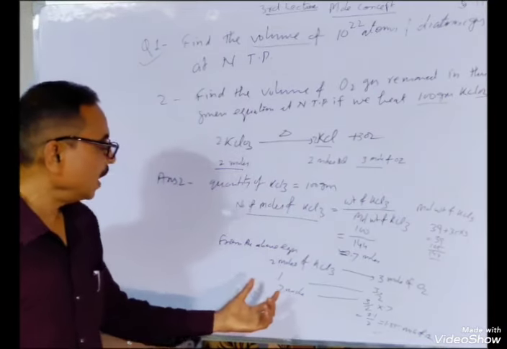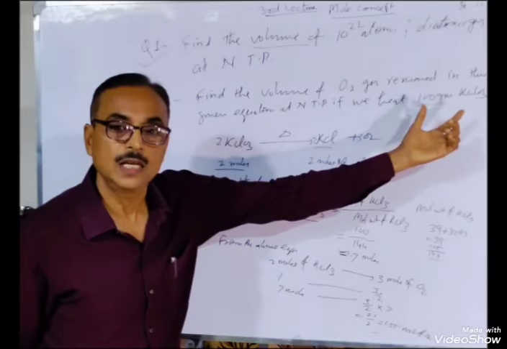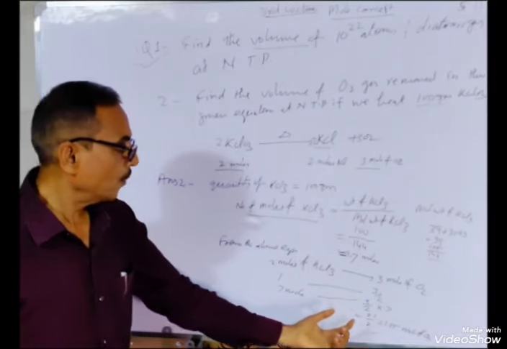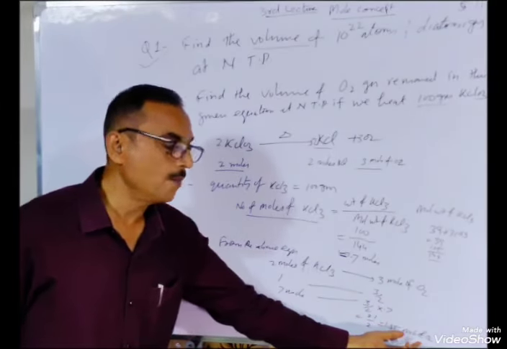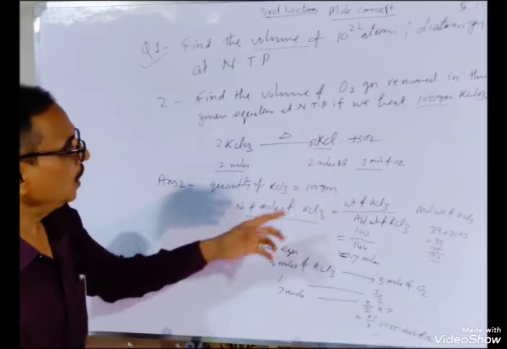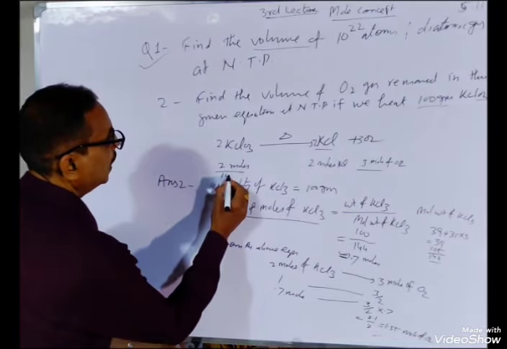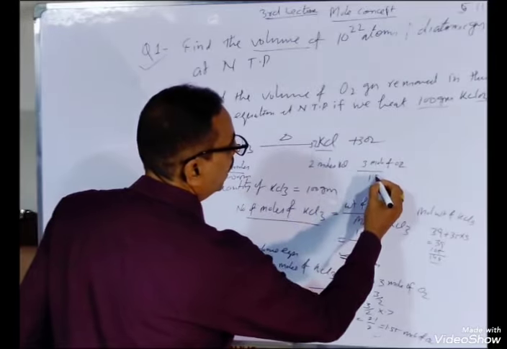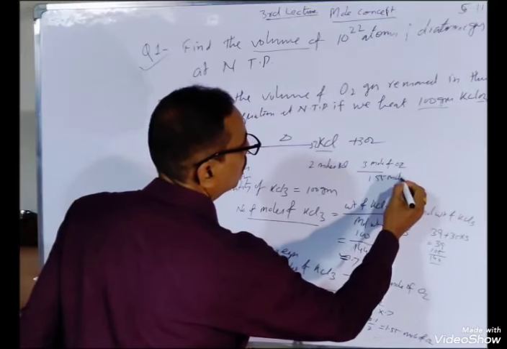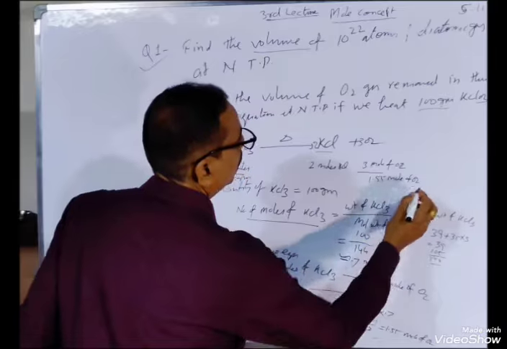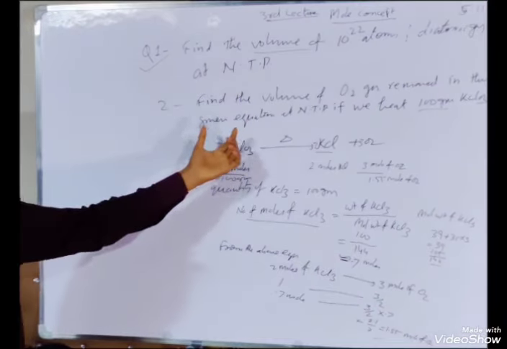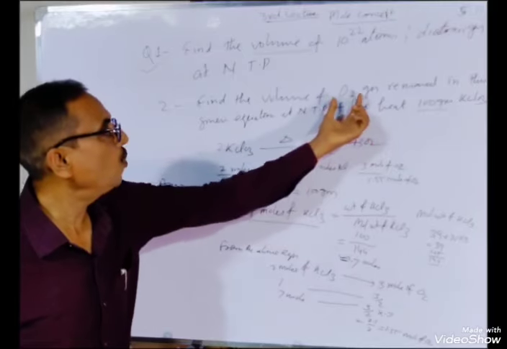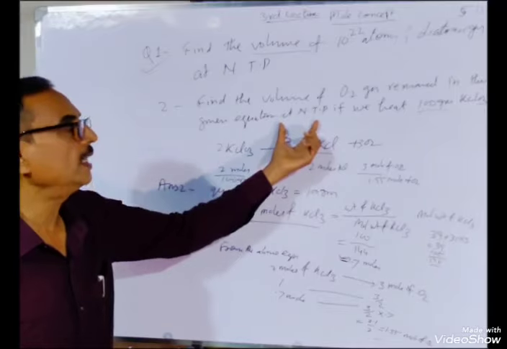So it is clear that 100 gram KClO3 will produce about 1.05 mole of O2. The question is, what is the volume of oxygen at NTP?